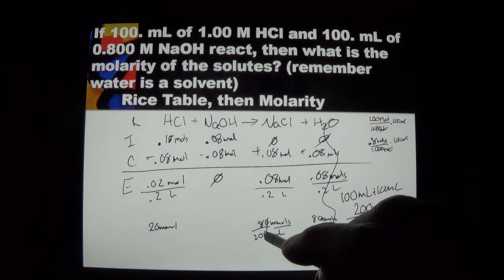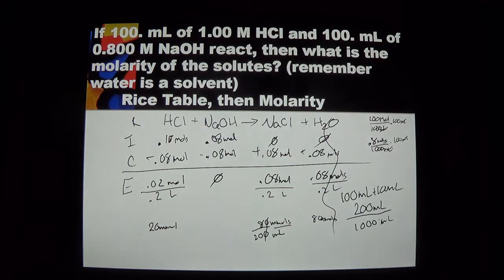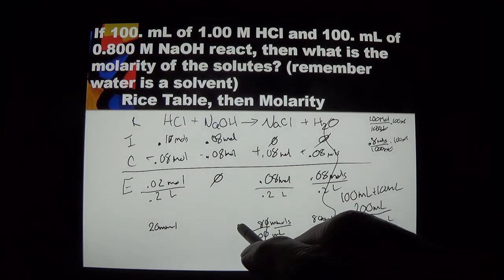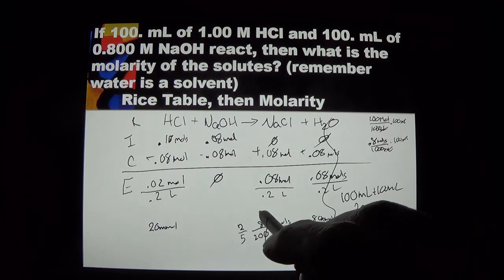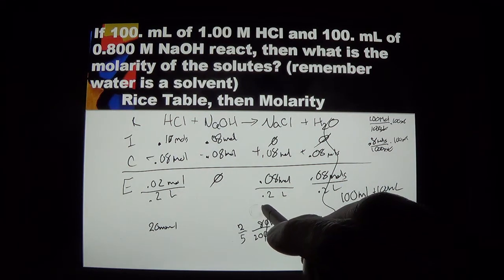And you could also do it as 8 divided by 20. Yes, it's going to be a decimal number, but check this out. Divide that by 4 and we get 2. Divide that by 4 and we get 5. We get 2/5. Oh, hey, I know what 2/5 is. It's 0.4.